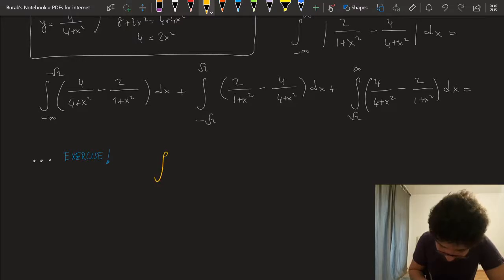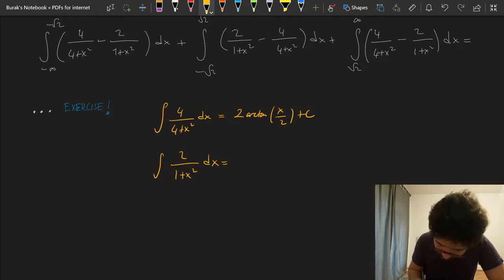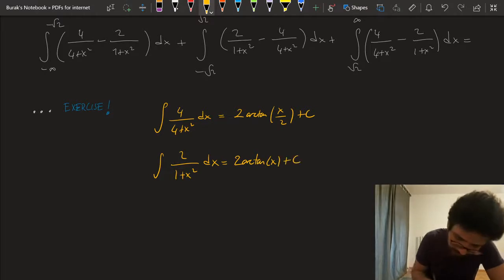Okay, and you can easily find the, let me tell you the antiderivatives for these functions. This is supposed to be 2 arctangent of x over 2 plus c, and this is supposed to be 2 arctangent x, okay, plus c.